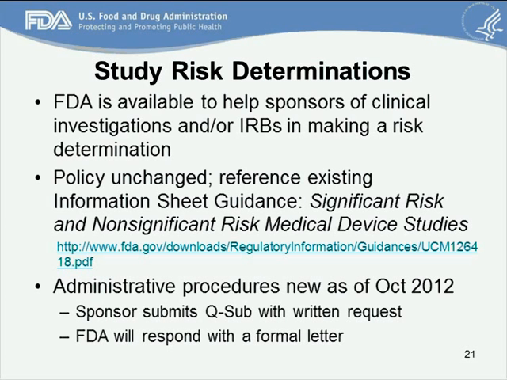What we have done now in the Q-Sub guidance, because we are now tracking these as Q submissions, is reference the existing information sheet guidance for the policy and explain that the administrative procedures now involve submission of a Q-Sub with a written request for a study determination, and then we will respond to you with a formal letter. So the only new thing here is that these requests are getting Q numbers.